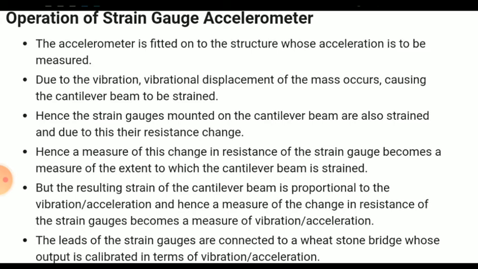A measure of this change in resistance of the strain gauge becomes a measure of the extent to which the cantilever beam is strained. The resulting strain of the cantilever beam is proportional to the vibration or acceleration, and hence a measure of the change in resistance becomes the measure of vibration or acceleration. Now the leads of the strain gauges are connected to a Wheatstone bridge, whose output is calibrated in terms of vibration or acceleration.